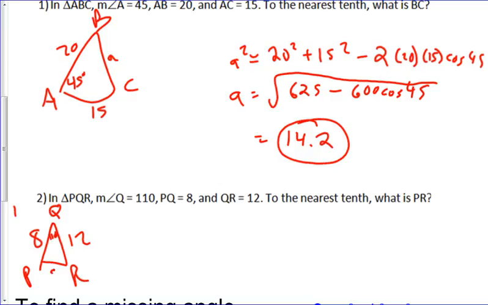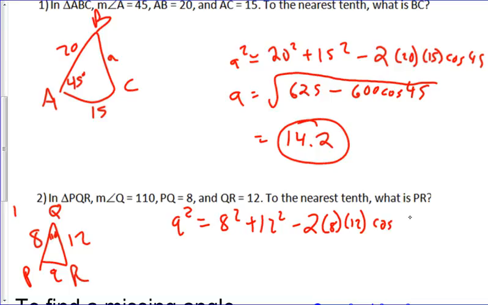Actually, it'll be lowercase q. So q squared is equal to the opposite two sides. So we have 8 squared plus 12 squared minus 2 times 8 times 12 times the cosine of 110 is what we're dealing with here. Again, to find what q is, it'd be the square root of all of that. So 8 squared would be 64 plus 144 would be 210, I believe.